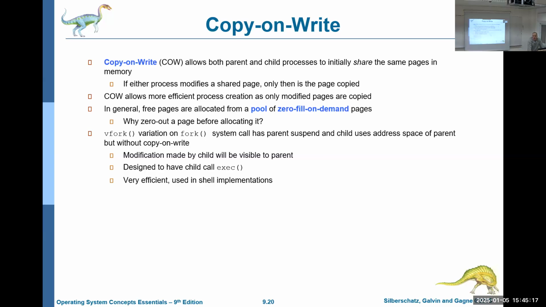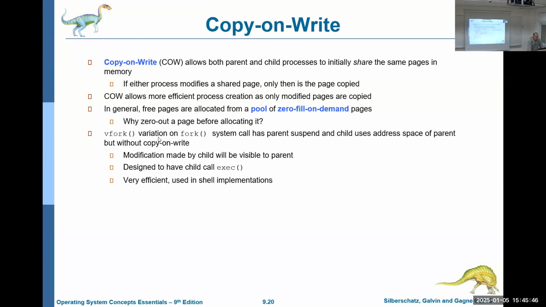Because he may go beyond the end of the page. Let's say when I allocate a page, I allocate a whole page, but he only needs half a page. He'll have non-zero data in the part that he's not using. Maybe he will use it, maybe he'll run beyond it. I'm not sure if it's necessary.